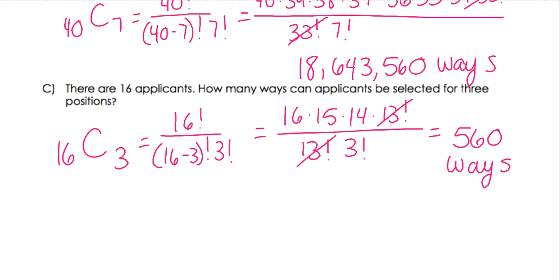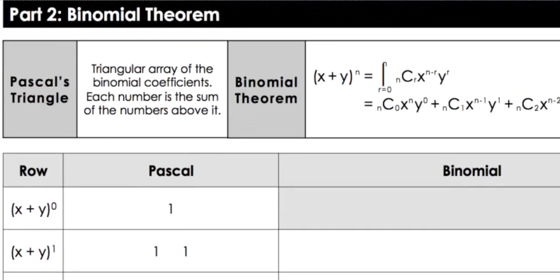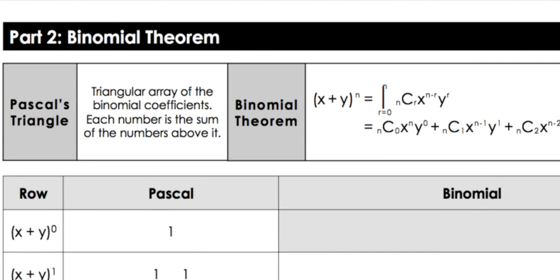Okay, so we're going to take this now one step further and look at something called the binomial theorem. So we are going to use something called Pascal's triangle to help us in determining these things in a slightly different way. So Pascal's triangle is a triangular array of the binomial coefficients. So think about binomials, those are 2 terms.